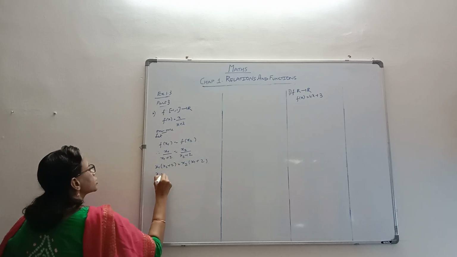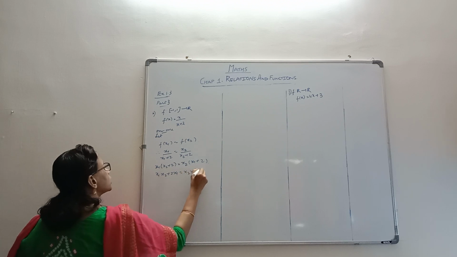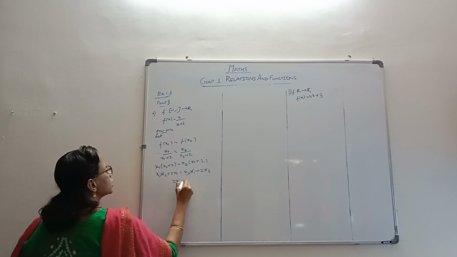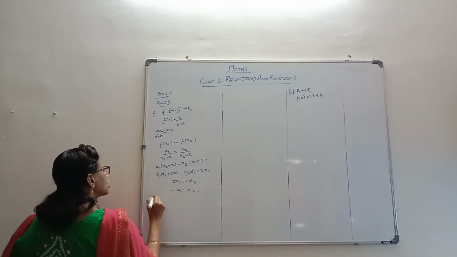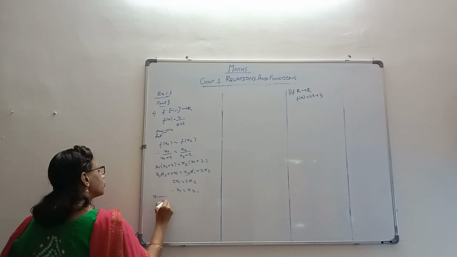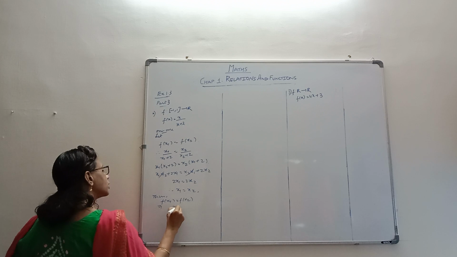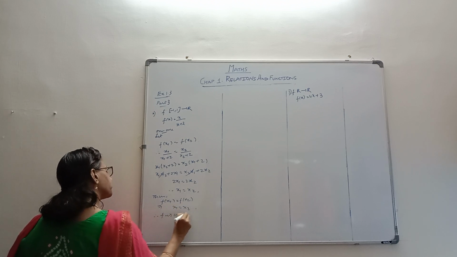That is x1x2 plus 2x1 equals x2x1 plus 2x2. The x1x2 terms cancel, and we have 2x1 equal to 2x2, which finally gives x1 equal to x2. So starting with f of x1 equal to f of x2, we have shown that x1 equals x2. Like that, f is 1 to 1.